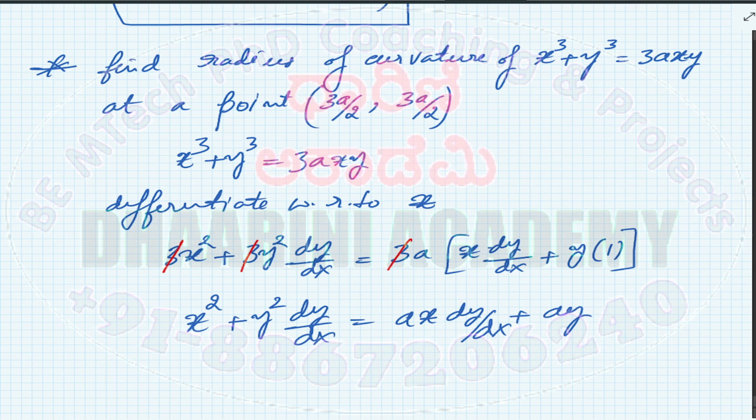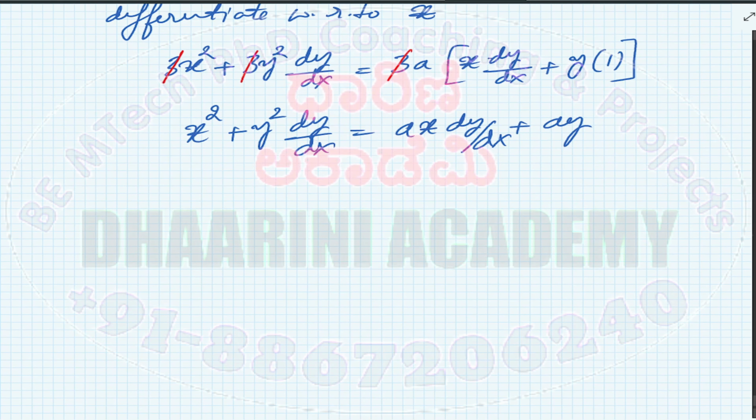All right, now I'll try to bring the terms containing dy by dx to the same side. So that is y square dy by dx minus ax into dy by dx. The term from the right comes to the left, so it is negative, is equal to, on the other side, ay.